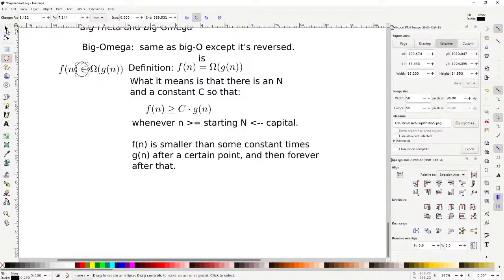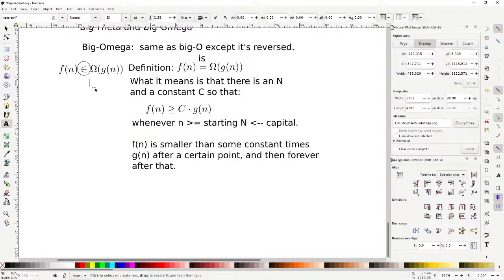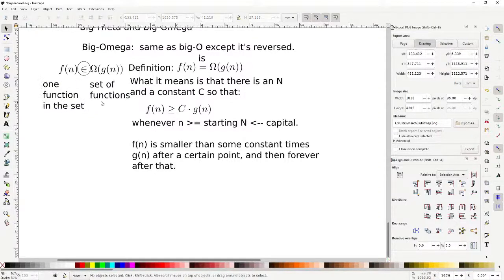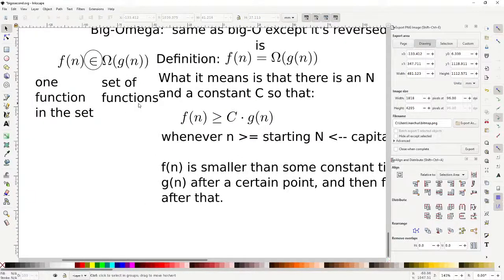If you notice, this is the set inclusion symbol. So basically, this is a set of functions, and this is one function in the set. Right, so that's how I prefer to think of it. The reason why I prefer to think of it this way is because then it actually makes sense.